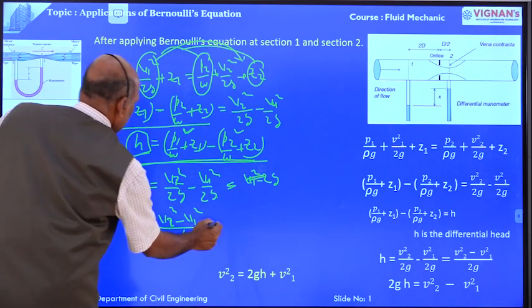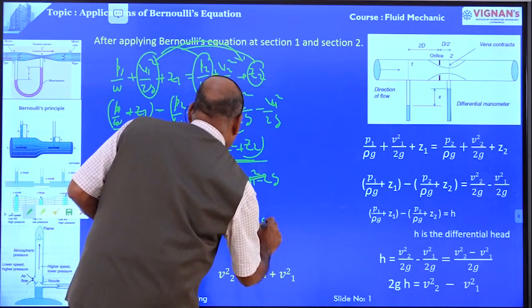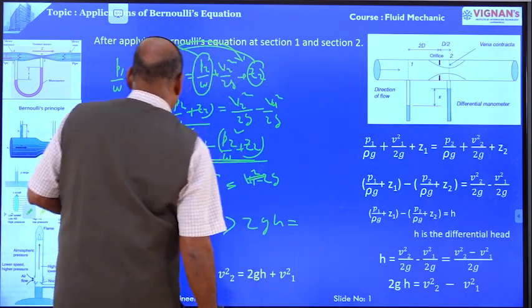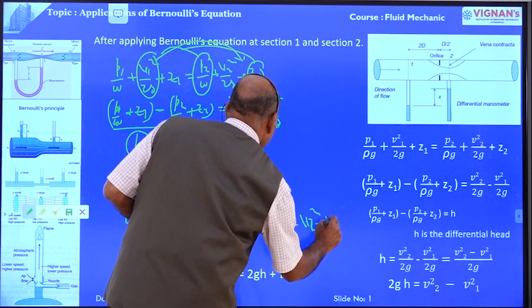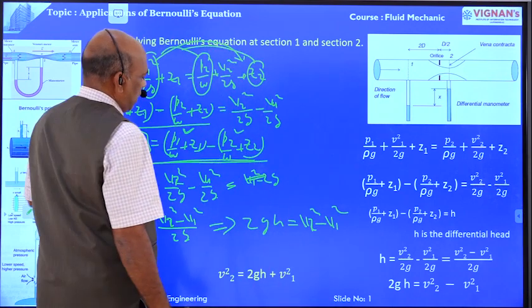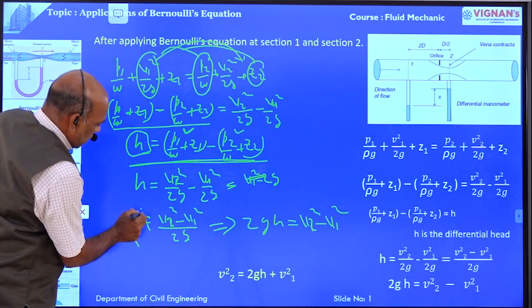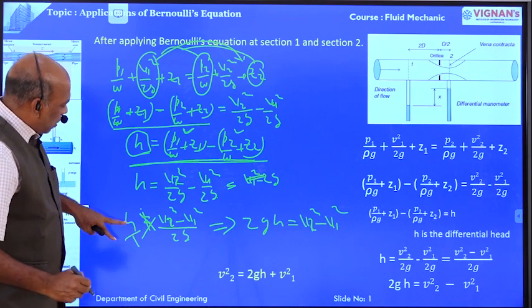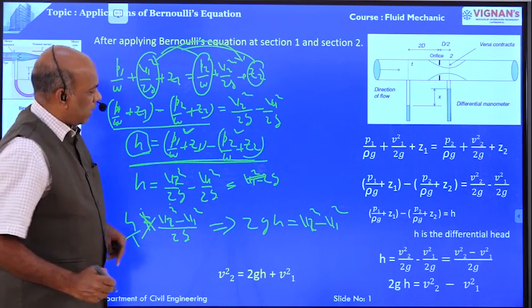So 2GH is equal to V2 square minus V1 square. From this equation, 2GH is equal to V2 square minus V1 square.